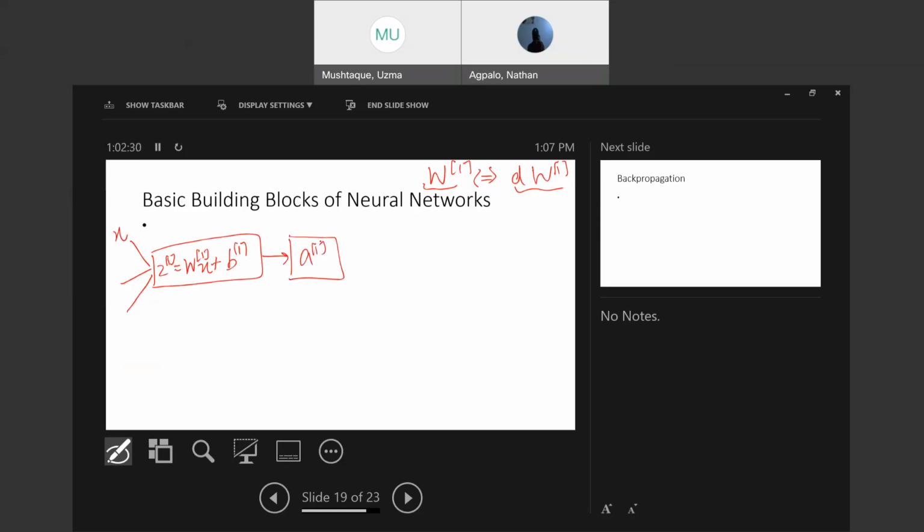Let's just write it A1 because it could be any activation, so I'm not going into that. And then you'll have another node, which will have Z2, W2, and then this is A1 plus B1, and then of course A2, and then you'll have the loss, which is a function of A2 and my Y, right?